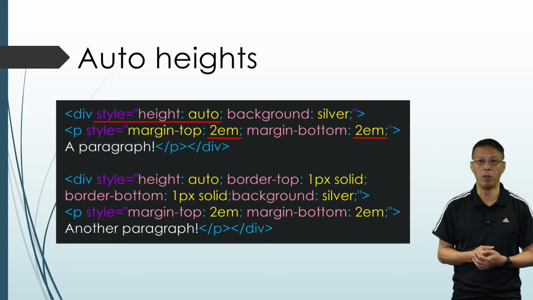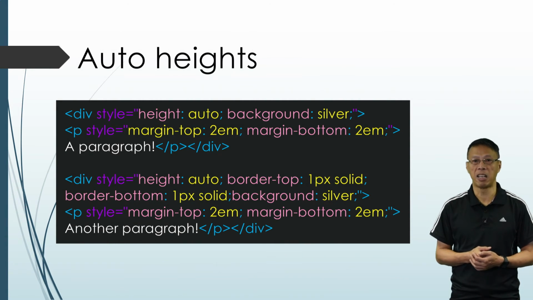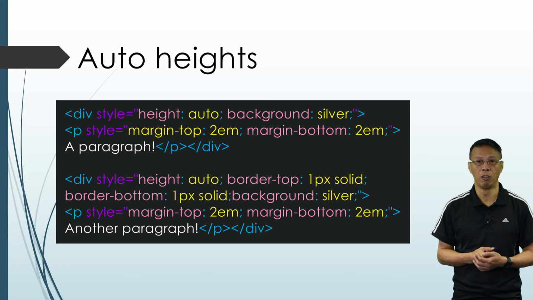However, when we look into a second example, our second example is the third and the fourth line. Now here in this third line, the div element will have the border defined. So we have the border top as 1 pixel solid, as well as the border bottom here.